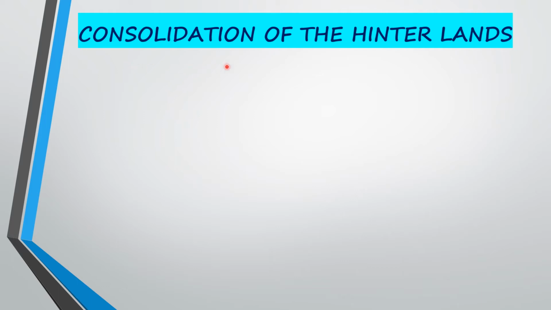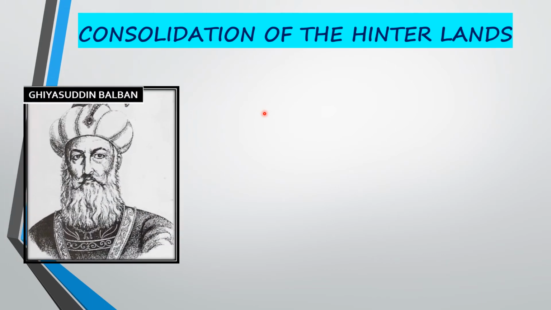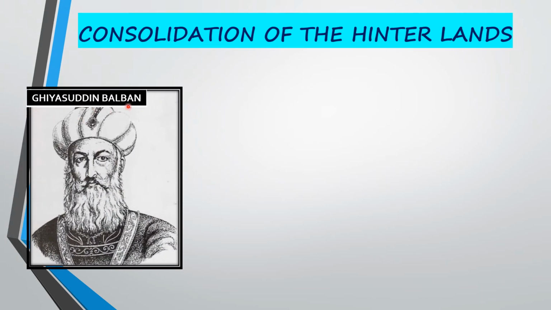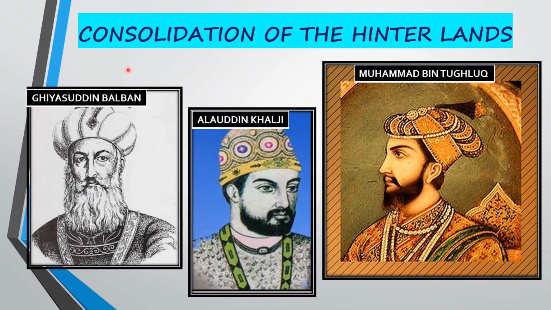These changes began during the time of Ghiyasuddin Balban, and further expansion happened under Alauddin Khalji and Muhammad Tughlaq. The first expansions were meant to consolidate the internal frontiers, that is, regions already under the sultans' control, and aimed at consolidating the hinterlands of the garrison towns.